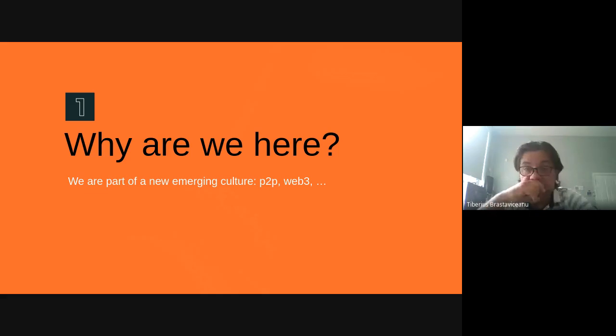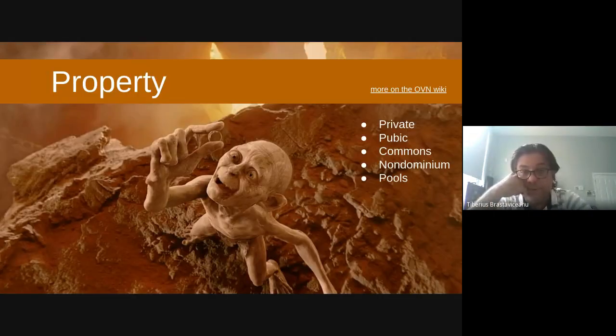When we talk about resource flows, the notion of property is very important, because one of the aspects of property is transferability of resources. How do they go from one agent to another? So property is key to understand resource flows, and it's also key to understand the economic context in which these flow patterns occur. Everybody knows about private property, public property, commons.